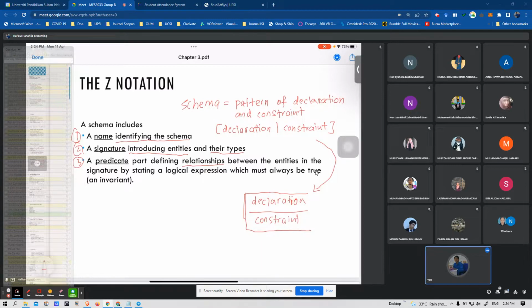signature by stating a logical expression which must always be true. Okay, or we name it as invariant.